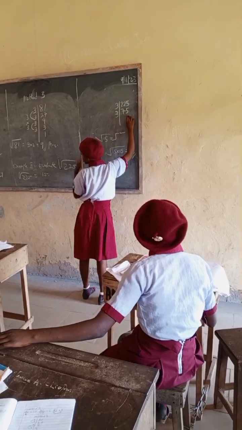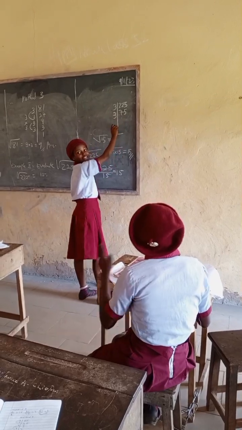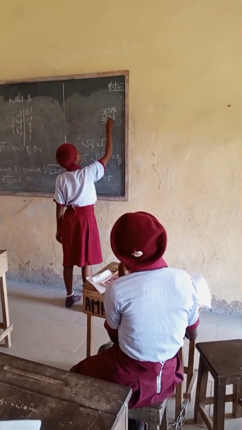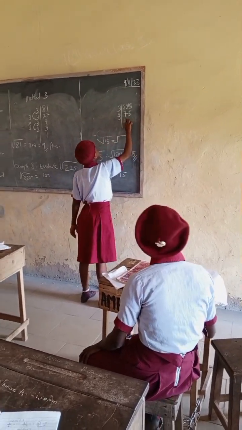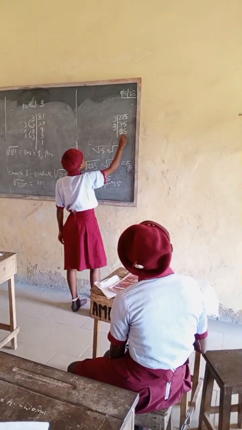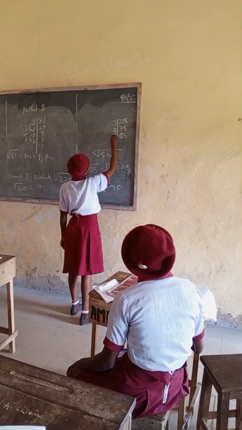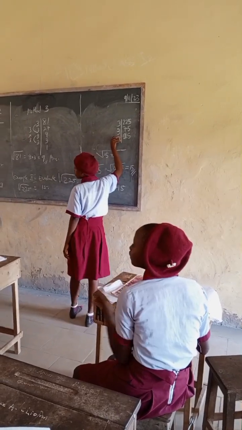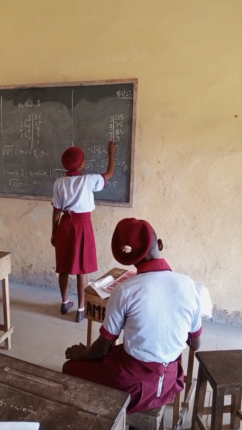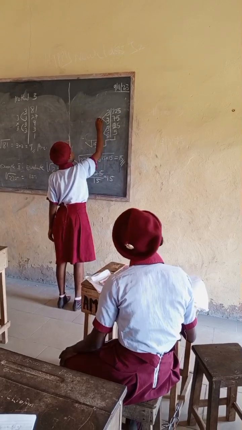You divide it bit by bit. 3 divide 7 first. 2 remainder 1. Can 3 divide 25? No. Is there any 25 in 3 times? So it's 5. No problem. Good.